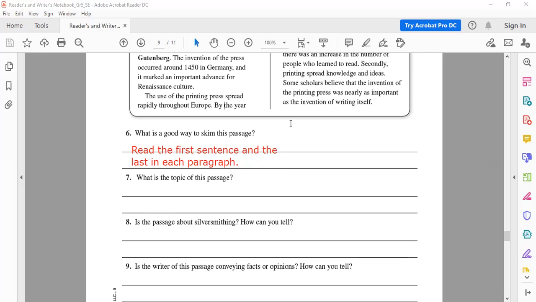Scanning. No. The topic of this passage is about scanning? No. Oh, printing press. Excellent. So, what is the topic of this passage? The invention of printing press.